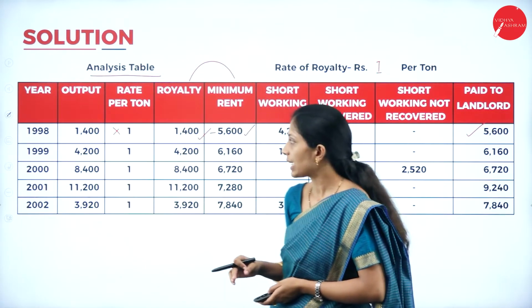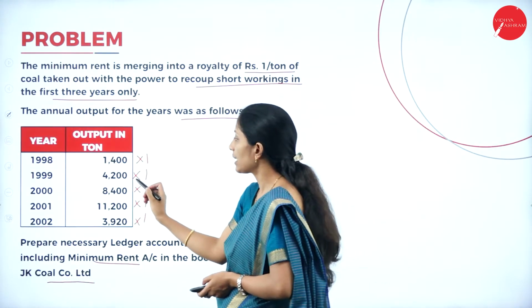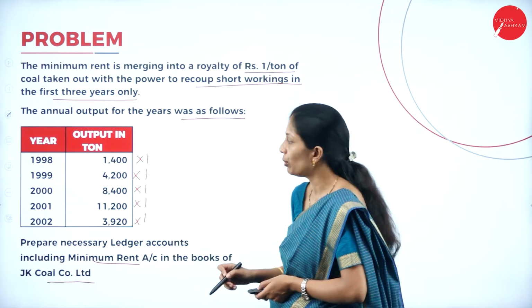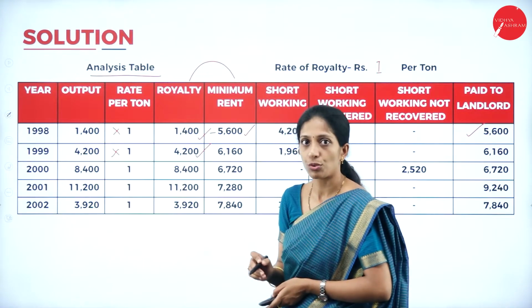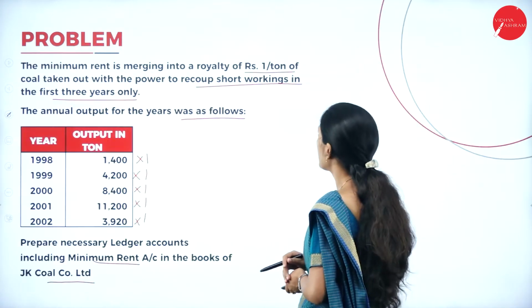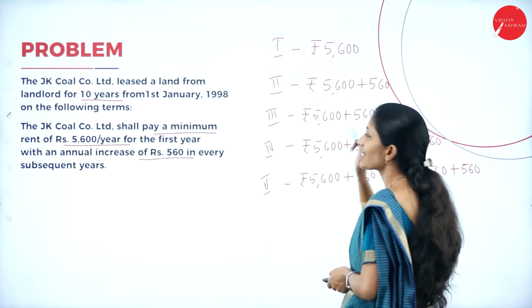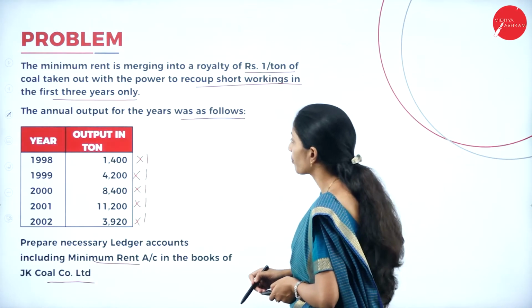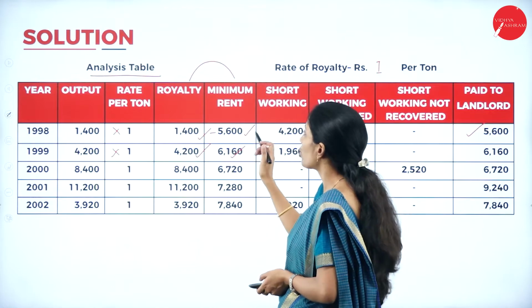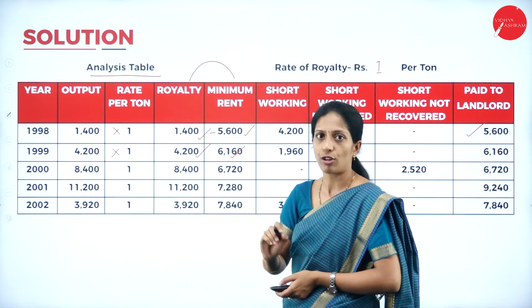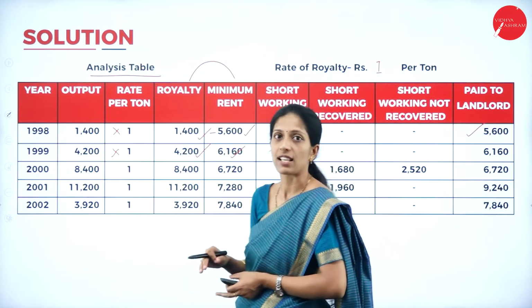Now come to the second year, 1999. 4,200 into 1, it will be 4,200. But what is the minimum rent? Minimum rent is 5,600 plus 560, so you'll get 6,160. Here also, minimum rent is more than royalty, so there is a short workings, correct?